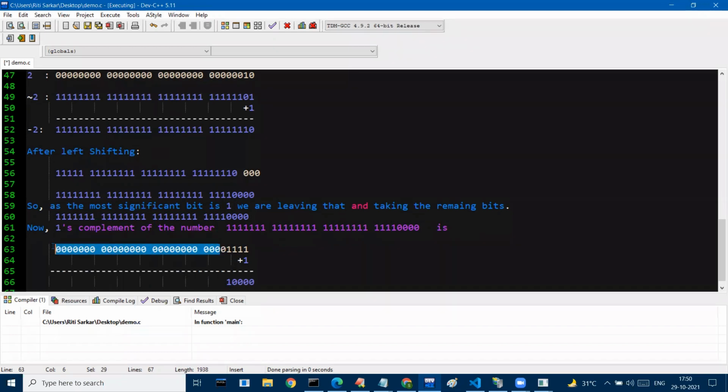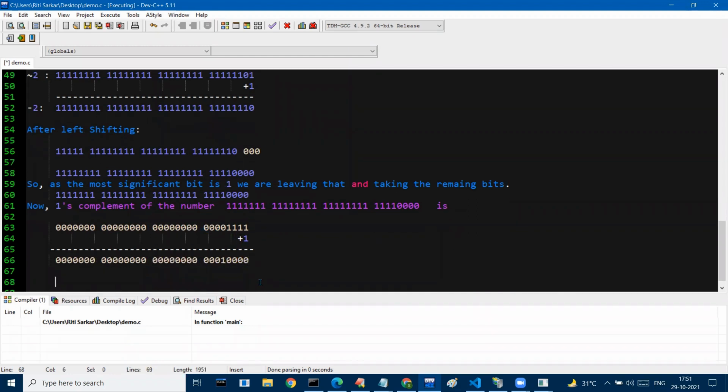From here to here, all are nothing other than 0. Then what is this value, guys? 1 2 4 8 16. 16 is the value.